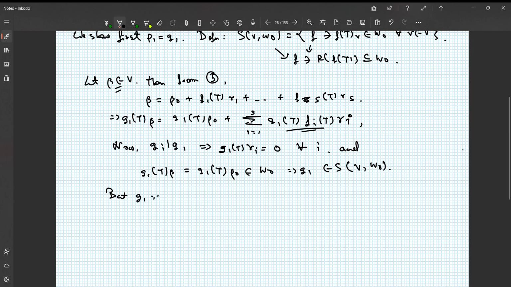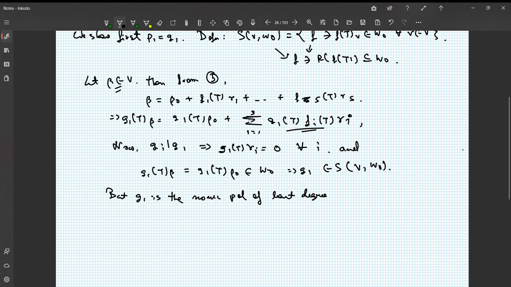But g1 is the monic polynomial of least degree which sends gamma 1 into W naught. Now obviously, g1 is the T-annihilator of gamma 1.